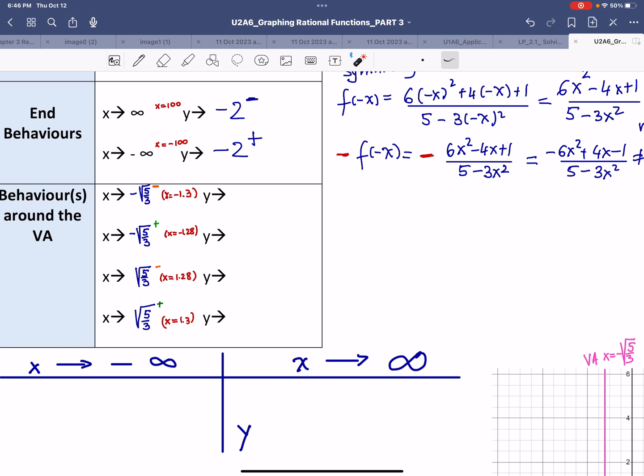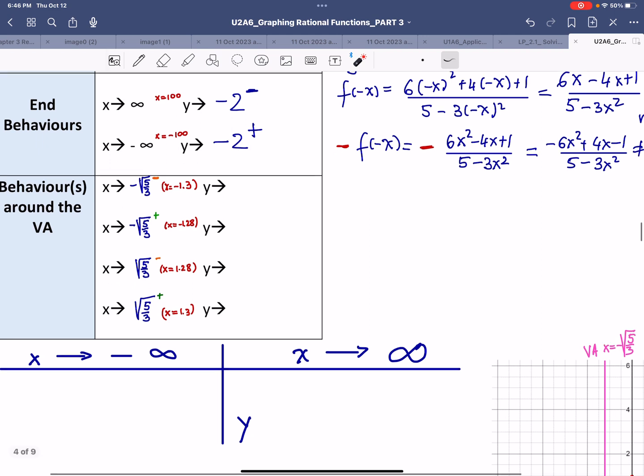So negative 1.3. So again, we have 6 times negative 1.3 to the power of 2, and then plus 4 times negative 1.3, and then plus 1. And all of this is divided by 5 minus 3 times negative 1.3 squared. And the number that I obtain in here is negative 84.